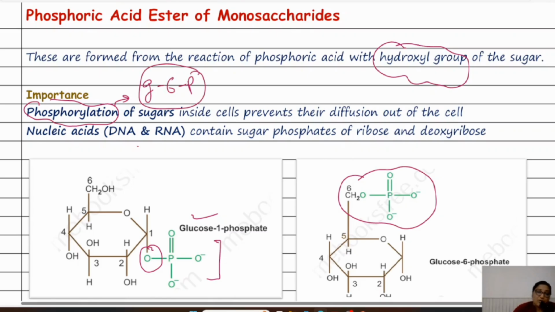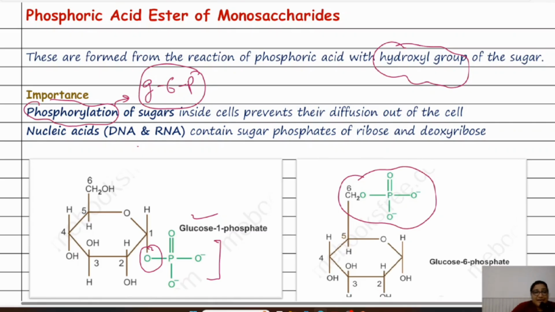It is important so that the glucose does not go along the concentration gradient outside the cell. The glucose molecule should be retained inside the cell, so that it can be further utilized for energy in glycolysis.